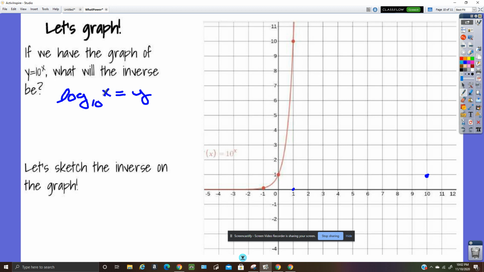And this is a subscript, and this is all on the same line here. And then this is (-1, 1/10), so (1/10, -1). So if I sketch that graph, it looks something like this here.